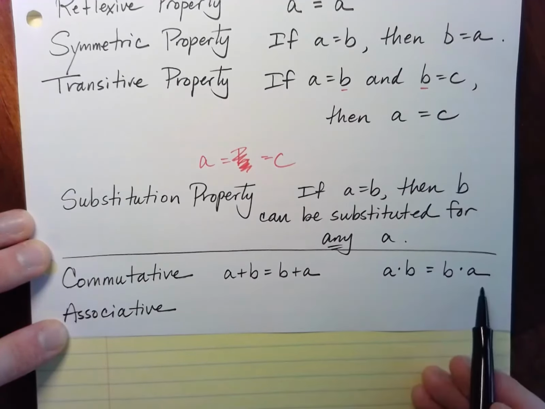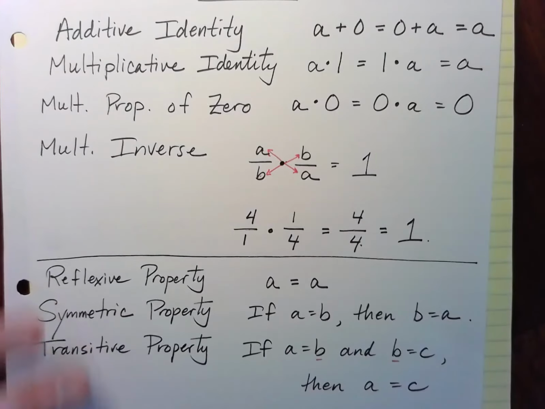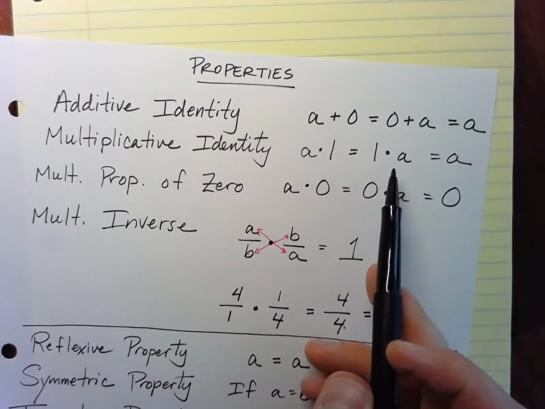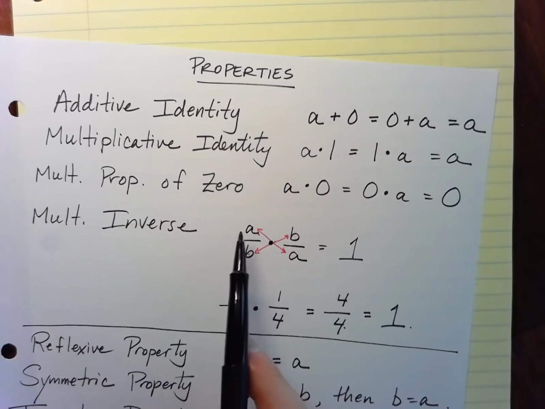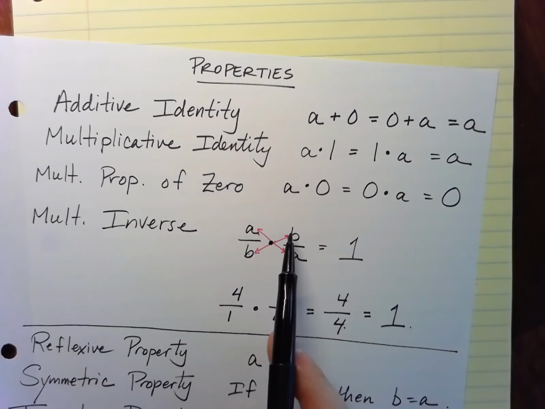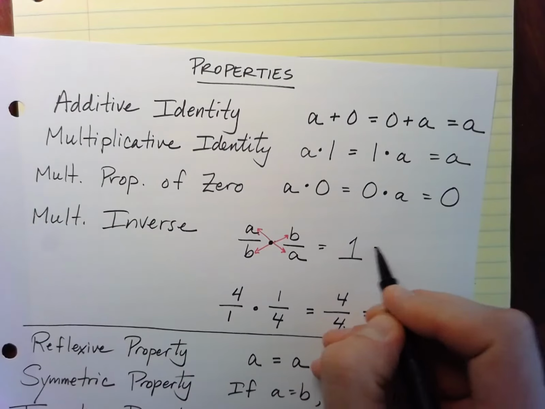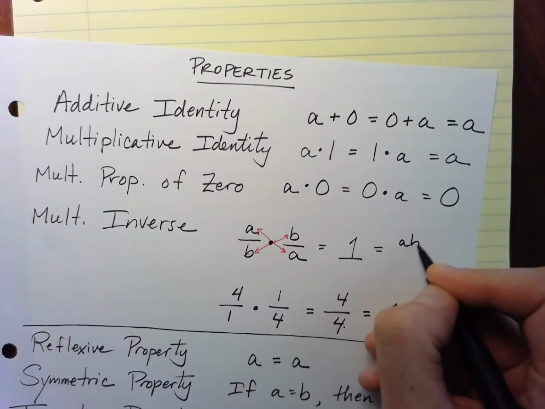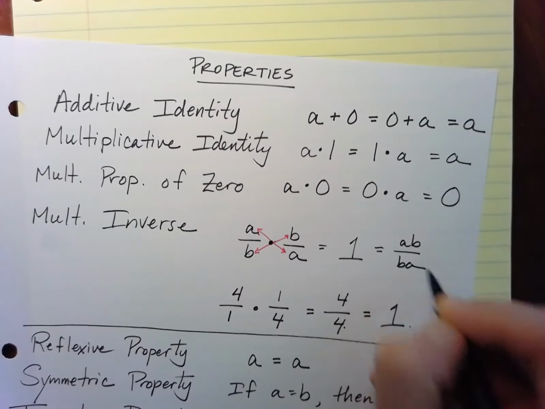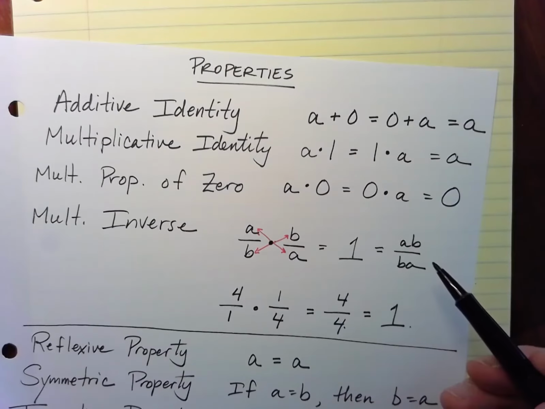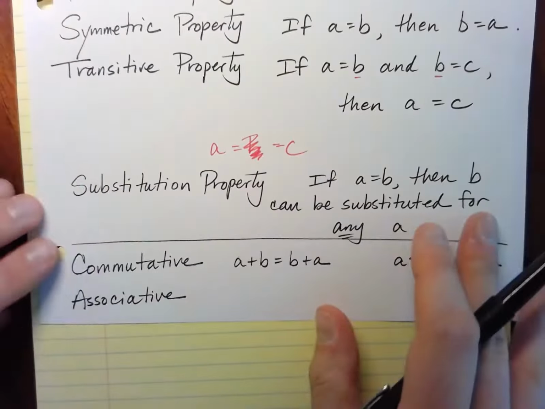The order doesn't matter. Now, we already talked about that way up here when we talked about the additive identity and the multiplicative identity, and also the multiplicative inverse. If we say that a times b over b times a, well, what we're saying is that ab over ba is the same thing. And we're saying that the order doesn't matter if we're just multiplying.